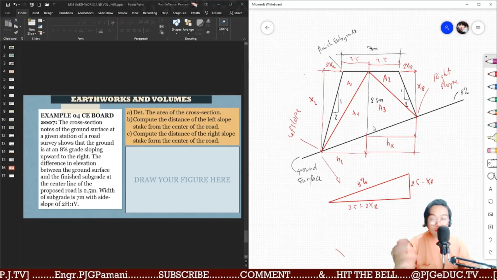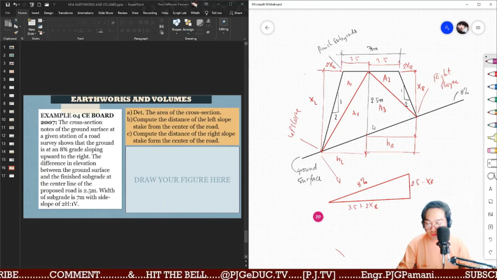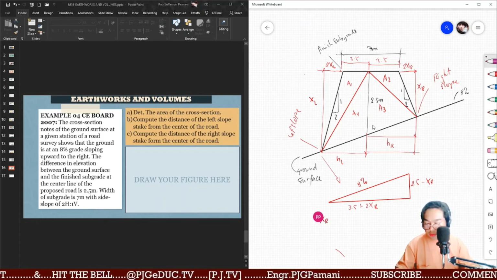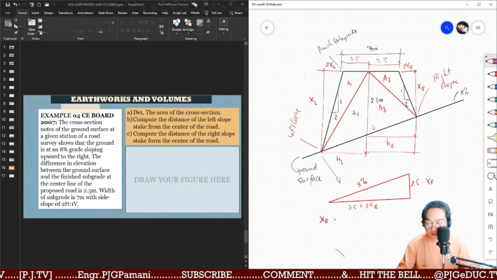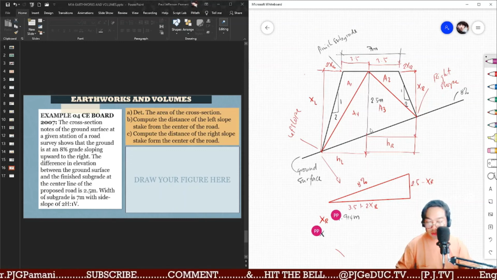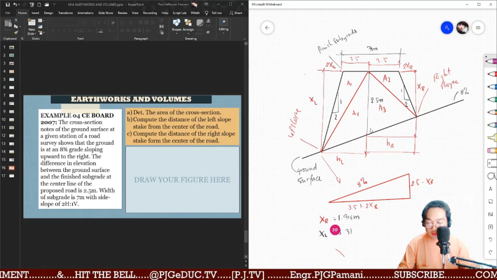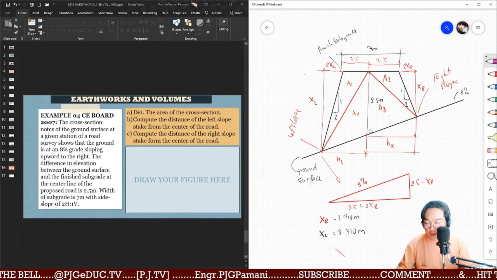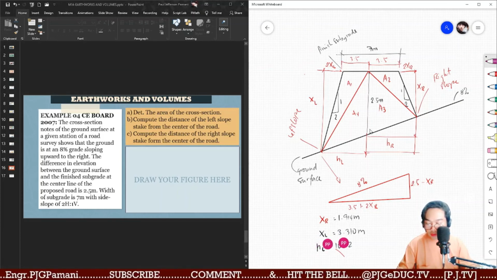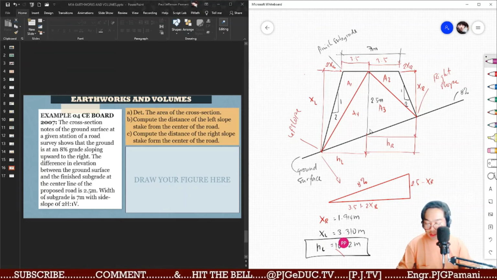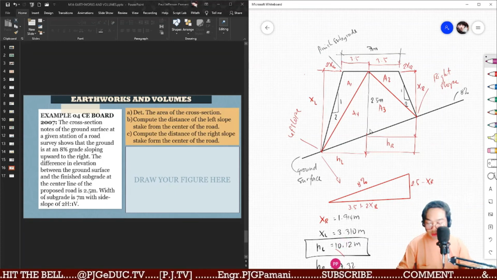So supposedly, if you're going to do your own solution, XR should come up now to be equal to 1.914 meters. XL should be equal to 3.310 meters. And HL is 10.12 meters. Ito yung isang answer. Then HR is 7.328 meters.